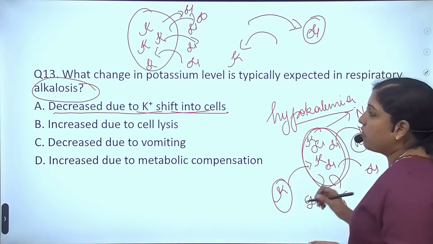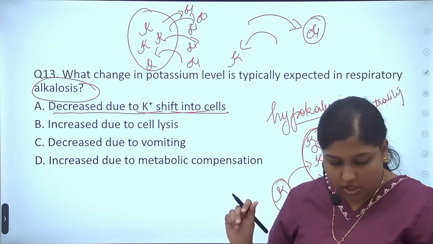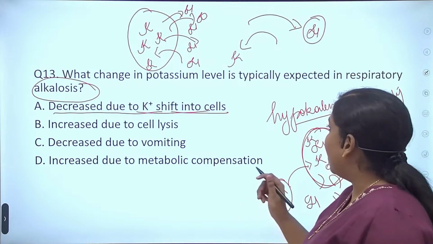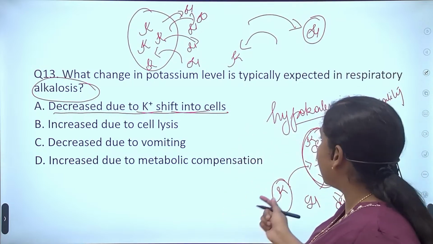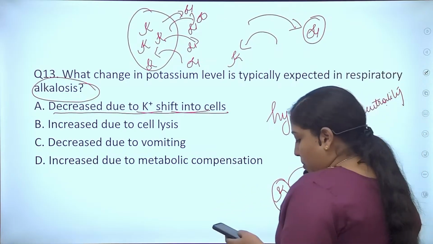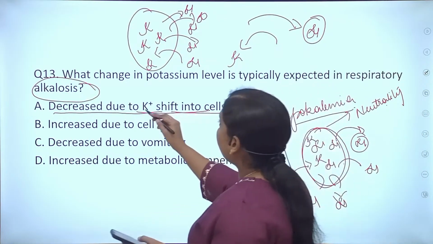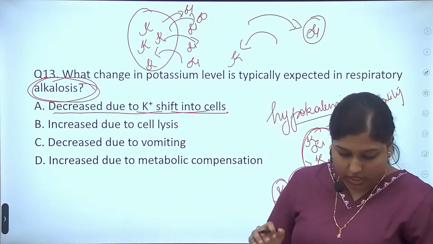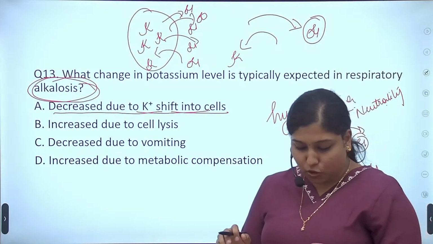Obviously, potassium shifts inside the cell, which is going to cause a decline in the potassium level. So always remember, in case of alkalosis, there will be hypokalemia.